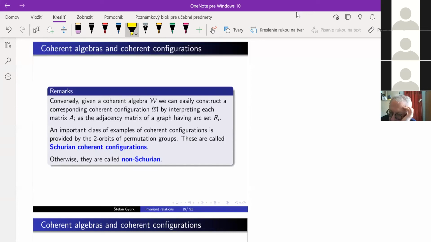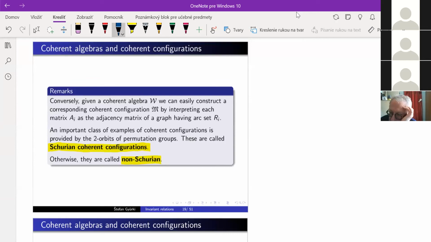So those which are coming from the permutation groups exactly in this manner, that we are creating two-orbits of the permutation group, are called Schurian coherent configurations. And if they are not coming in this fashion, those are called non-Schurian.